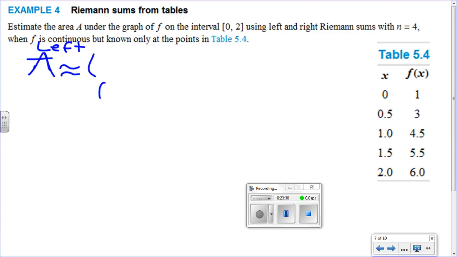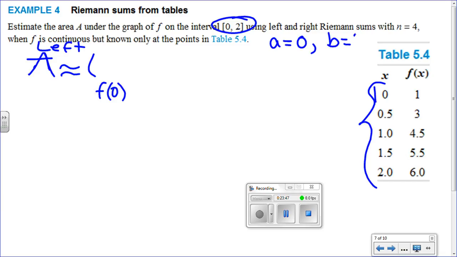Okay, so if we take f of 0 right here, our interval will go from 0 to 2. So our starting point is 0, and our ending point is 2. And we want to have 4 intervals, which is not so many, right?